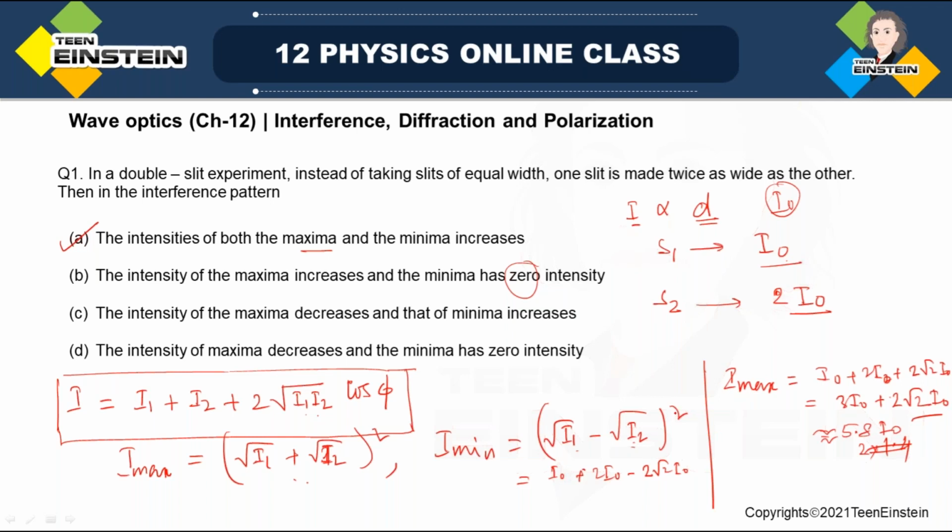Then you can think here that slit width is directly proportional to the intensity of the light coming from both the slits. If the slit width increases in the same proportion, the intensity of the light will also increase. Okay, we'll go to the next.